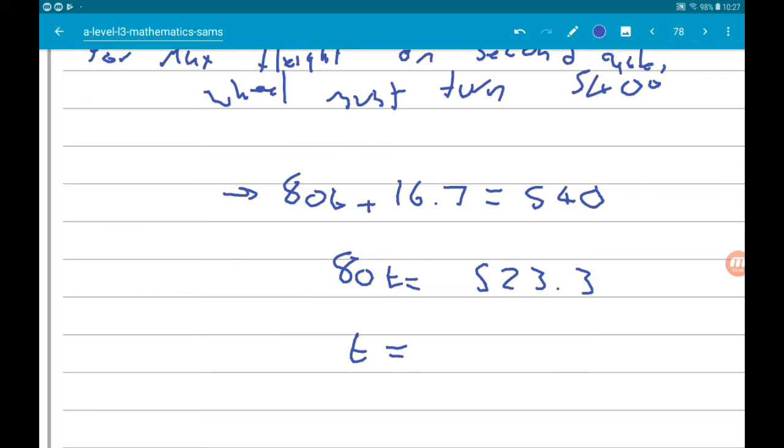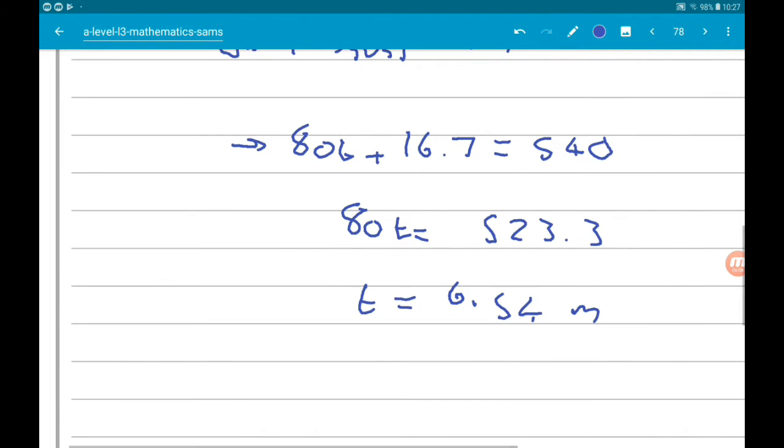So we should be fine at going 6.54. Now remember, that is minutes. And the question asked for it to the nearest second.